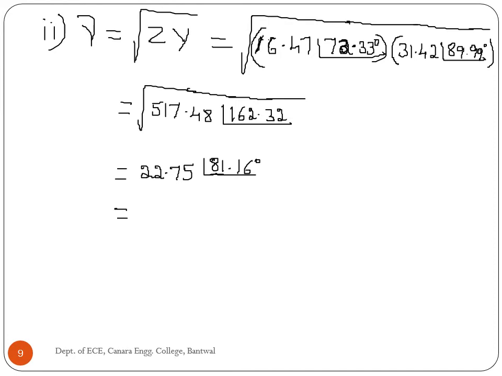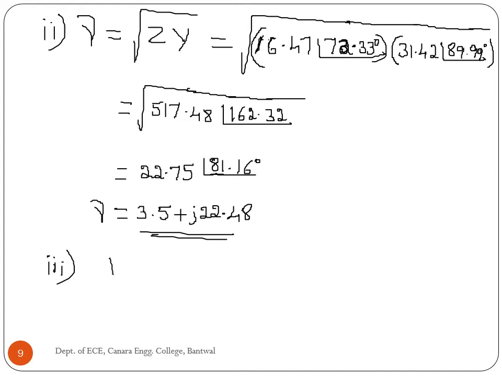Rectangular form of this answer is 3.5 plus J 22.48. Next, phase velocity.